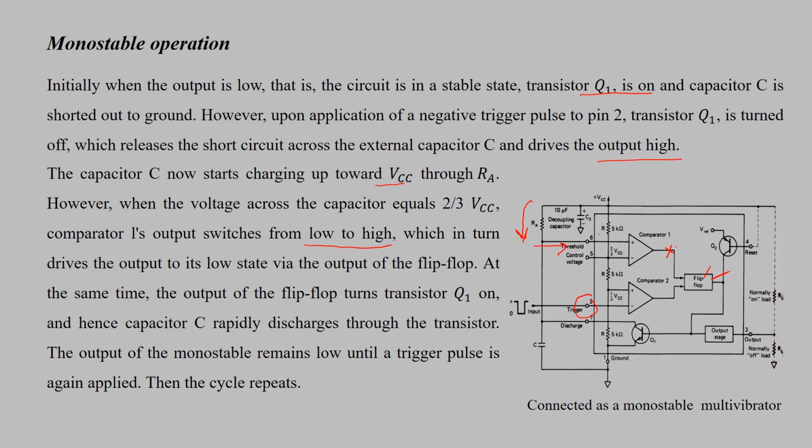At the same time, the output of flip-flop turns transistor Q1 on and hence C rapidly discharges through the transistor. So the output of a monostable remains low until a trigger pulse is again applied, and when it's applied, the cycle repeats.